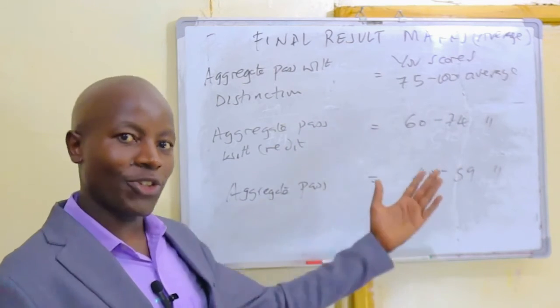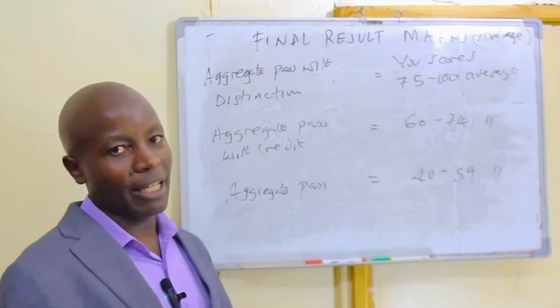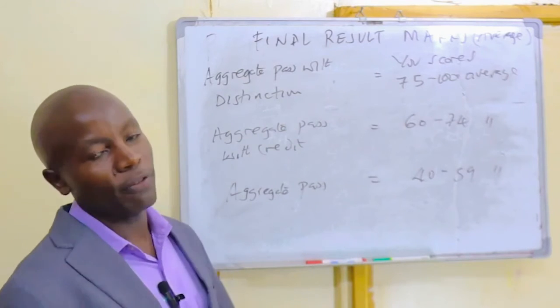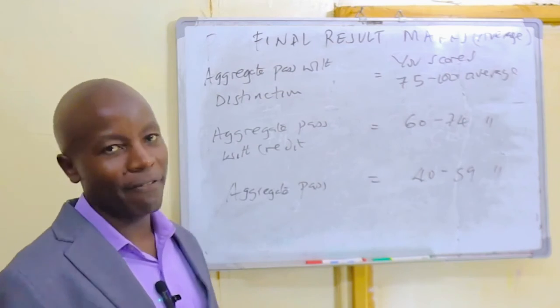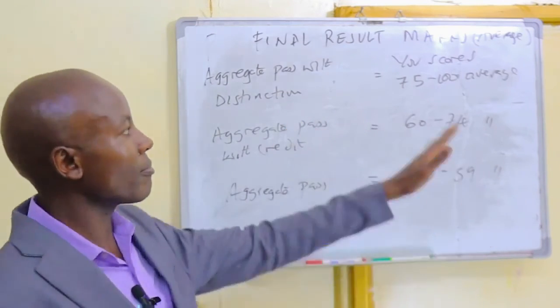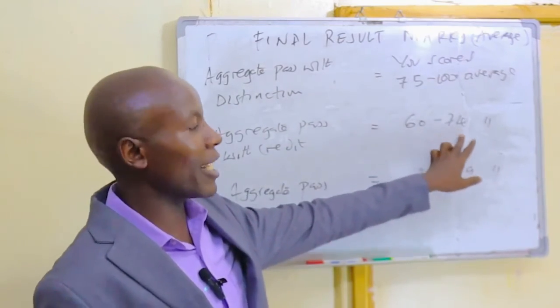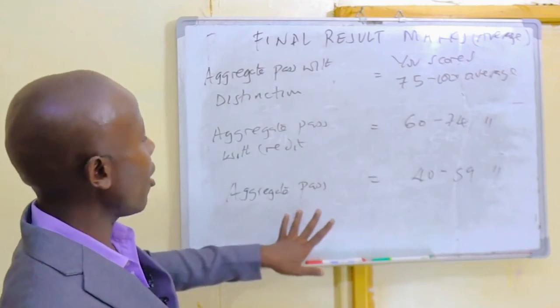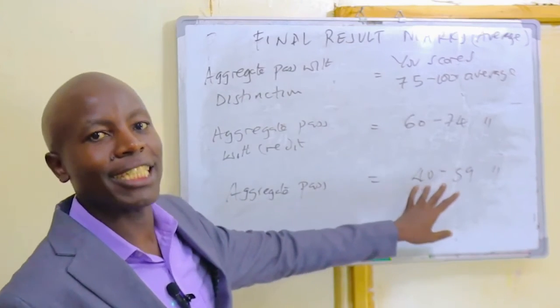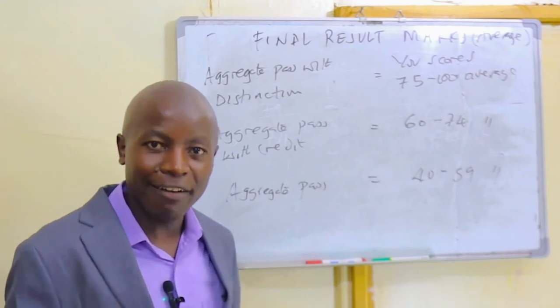You can guess you scored between 40 to 59 in each of the subjects. So on average, you have between 40 to 59 once they find their mean. So that's how they go. Distinction, that's the average score. For credit, that is the average, and for the aggregate pass, that is the average.